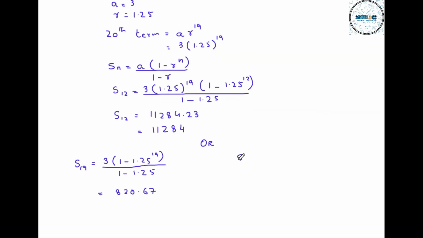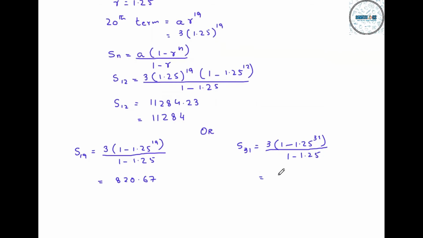And we'll take out the sum of 31 terms, which is equal to 3 into 1 minus 1.25 with power 31 divided by 1 minus 1.25, which is equal to 12,104.90.